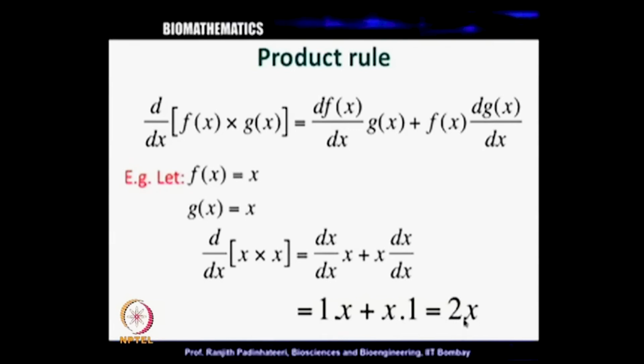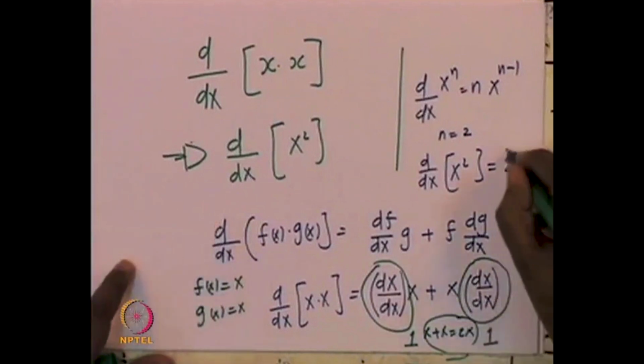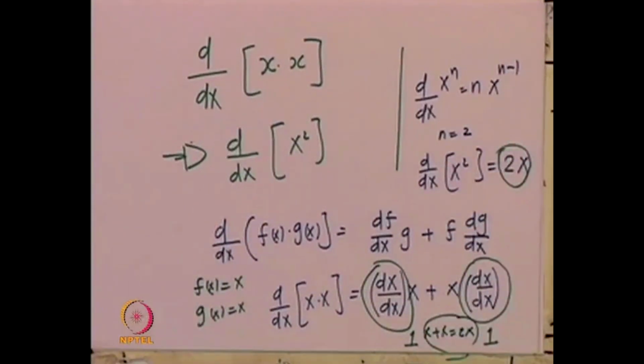So, we get the same answer. This is x plus x equal to 2x, the same answer we got here.